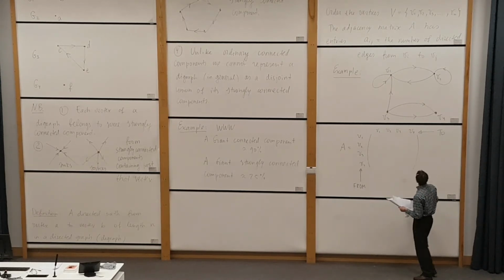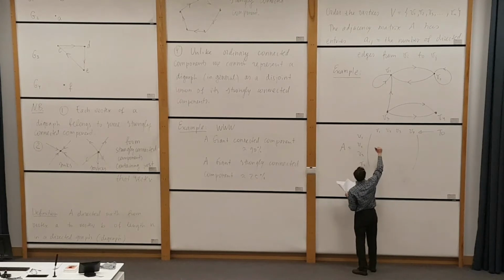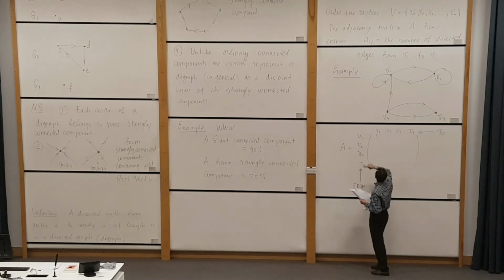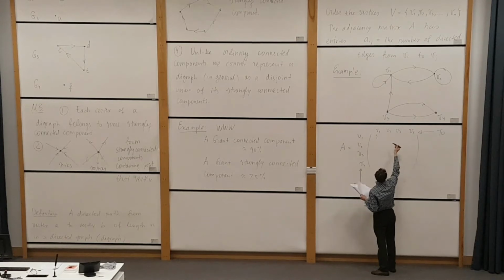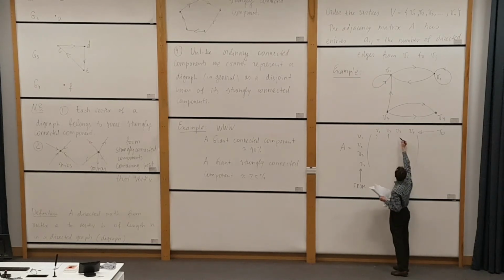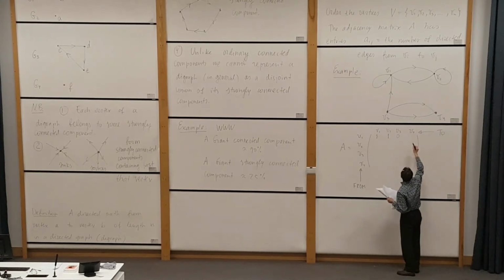Now I draw from the picture what edges I have. I can do it row by row. Starting from V1, I can get to V1 itself, so there is 1. There's 1 directed edge from V1 to V2. There is no directed edge to V3, so I put 0 here, and no directed edge to V4.